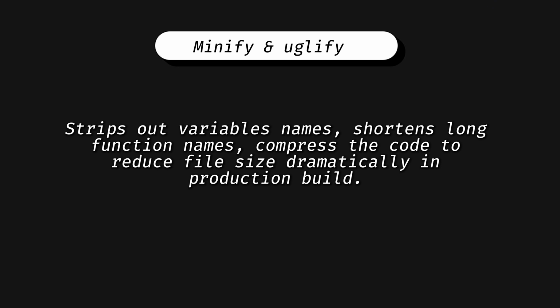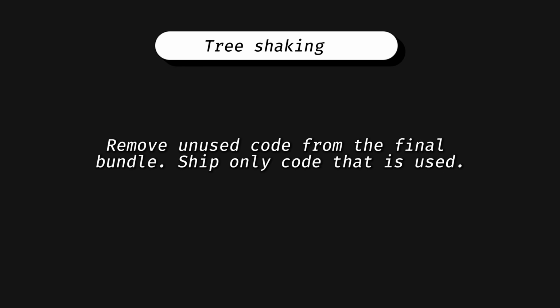In production builds, it strips out the white space, shortens the variable names, and compresses the code to reduce file sizes dramatically. The next important point is tree shaking. It removes unused code from our final bundle, so we only ship what is actually needed.